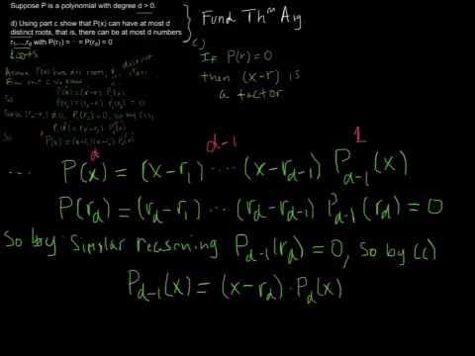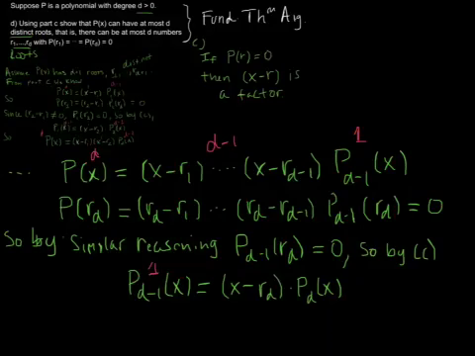And here's the big thing that we notice. What is the degree of p sub d of x? Well, let's think about it. What was the degree of p sub d minus 1 of x? It was 1, right? It was just a polynomial of degree 1.